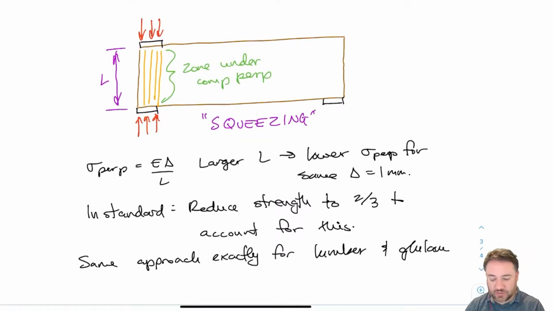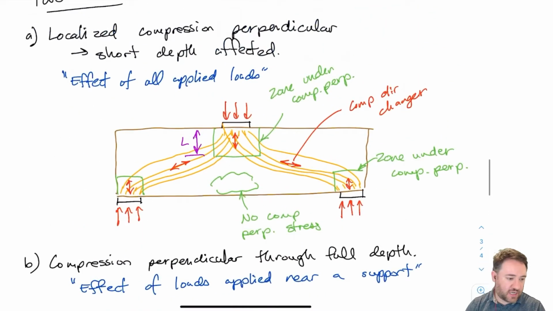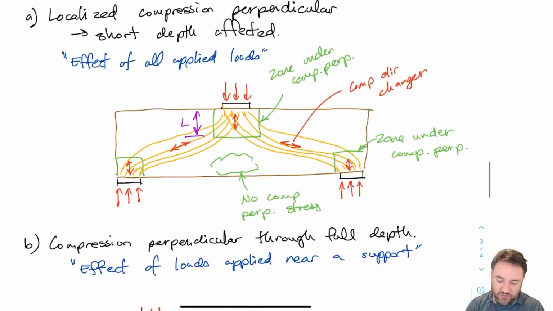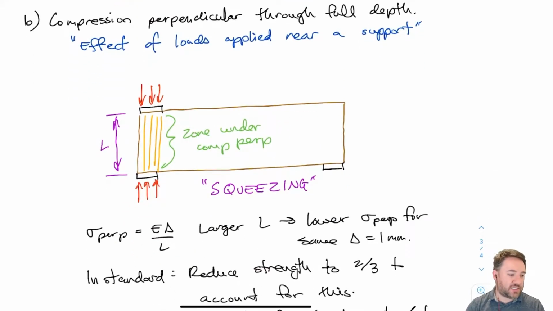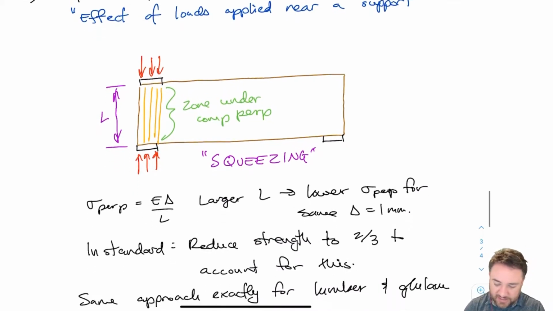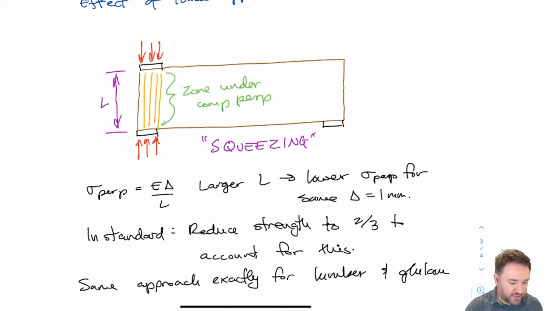If I don't have the squeezing, I don't apply the 2/3 reduction. If I do have the squeezing, I apply that 1/3 strength reduction. It's as easy as that. I just have to be able to recognize when we're in a situation where we're encountering that squeezing force.